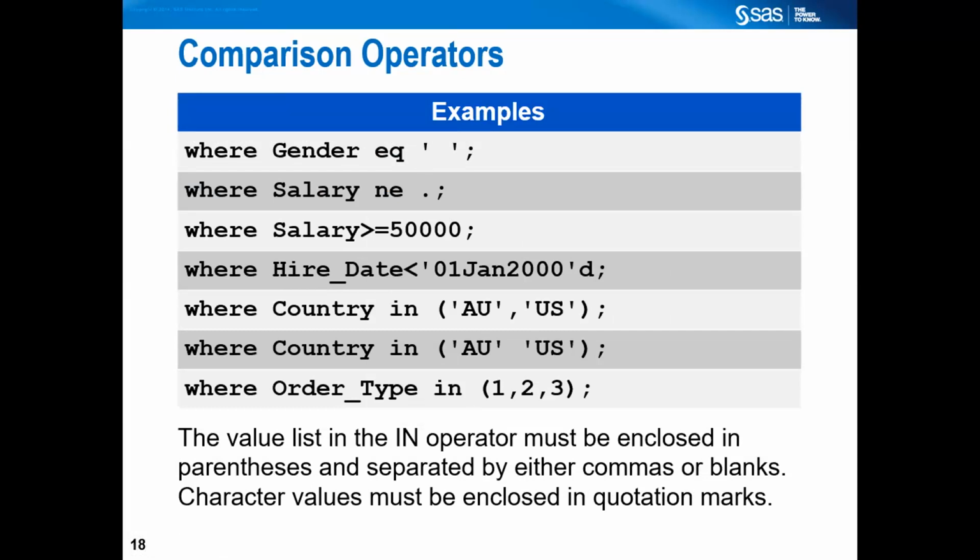So if you put that blank into quotes, it indicates we are selecting only the missing values for your character type of column called gender. And for numeric, it is a period. So we say select all the salaries which are not equal to missing. So it will have all the values which are there.